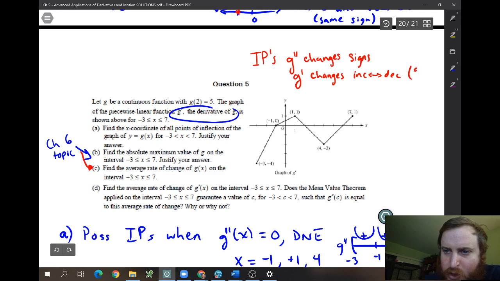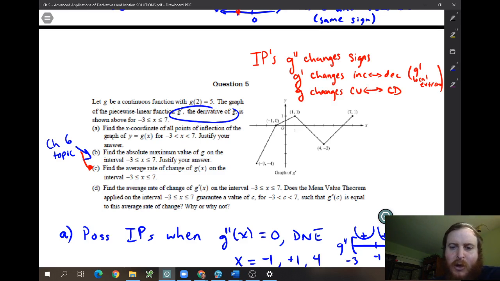And this will also be when the G prime graph has a local max or min, or when G changes between concave up and concave down. So that's very important to know. This is something you may want to make a flashcard for. Those are all the different cases we have for concavity.